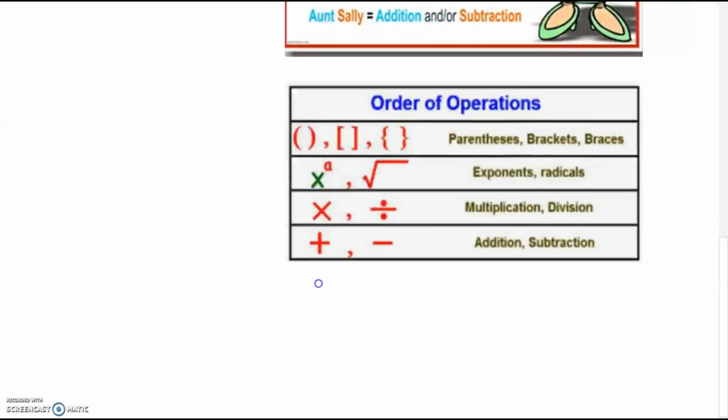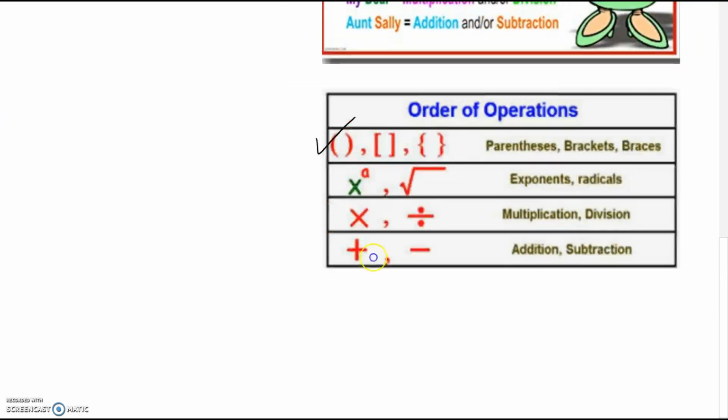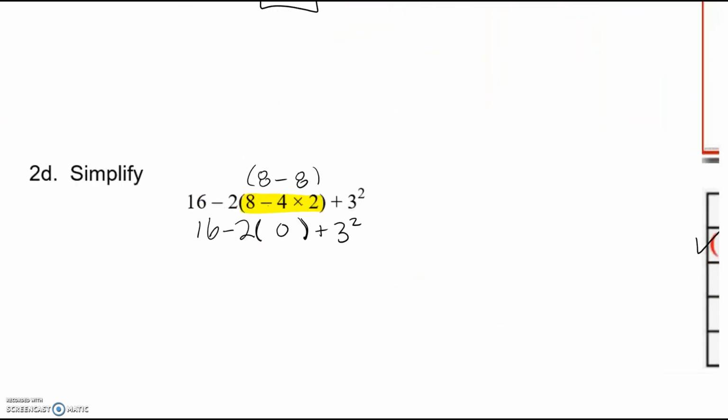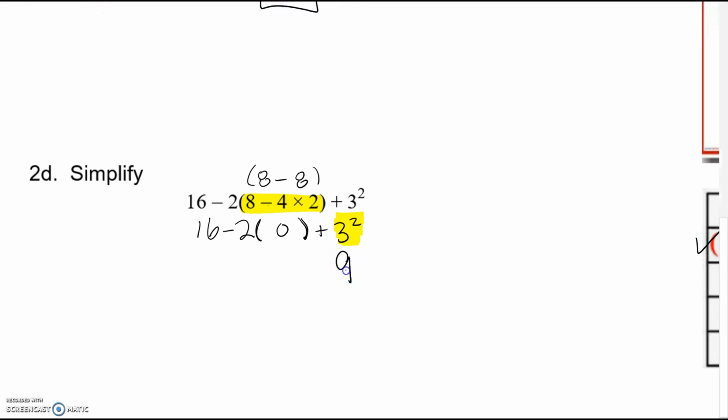Well, after parentheses, check. Now we move on to our exponents. And 3 to the second power, again, is 3 times 3, which is 9. Then bring everything else down, so 16 minus 2 times 0 plus 9. So now I see subtraction, multiplication, and addition.